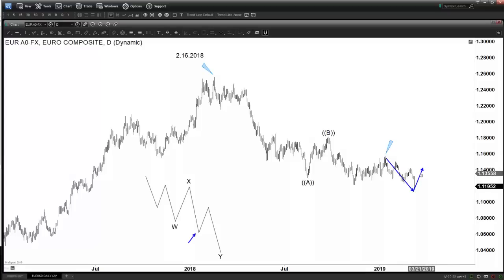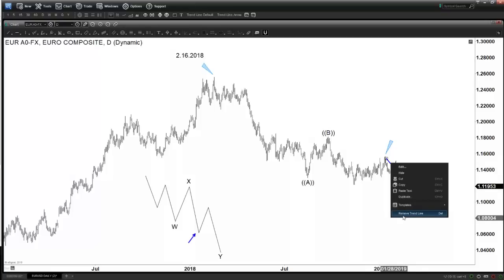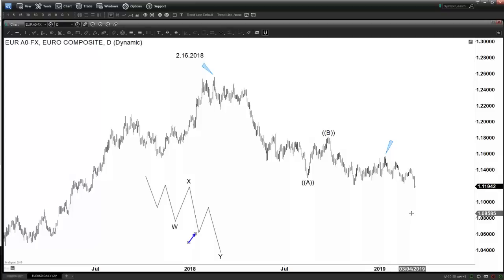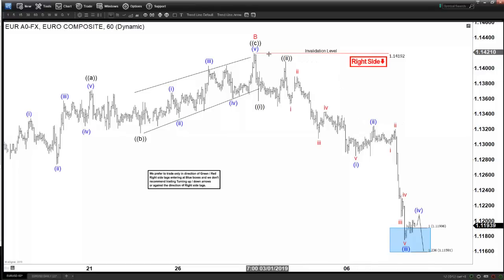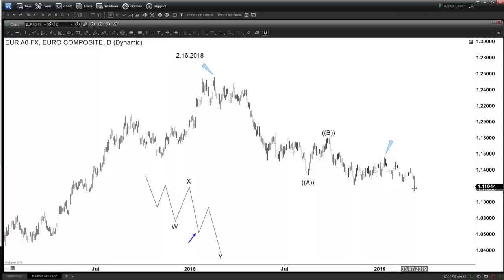But looking at the momentum right now, what is more likely is that we see further downside immediately, rather than correcting this entire move first. That's why in the 1 hour you can see that we should continue to see further downside in the shorter cycle, as far as the pair stays below this.